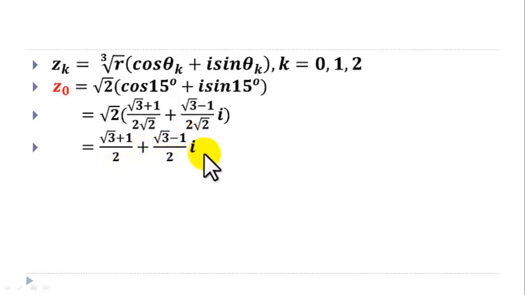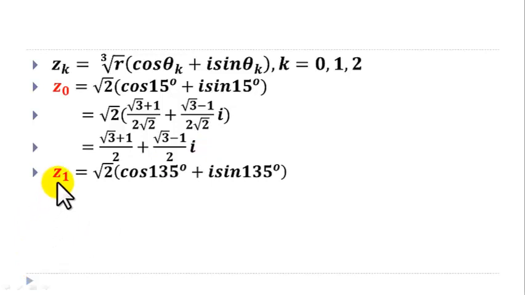Next, for k equals 1, we have z1 equals square root of 2 into cos 135 degrees plus i sin 135 degrees. Since 135 degrees is an angle in the second quadrant, cos is negative in the second quadrant while sine is positive, and to find the trig ratio for an angle in the second quadrant, we have to subtract the given angle from 180.